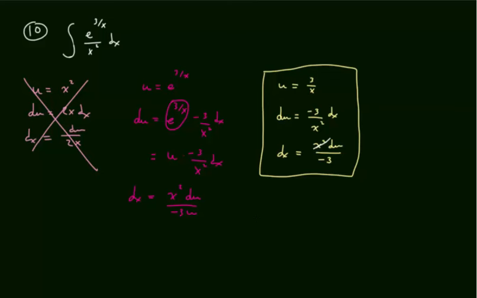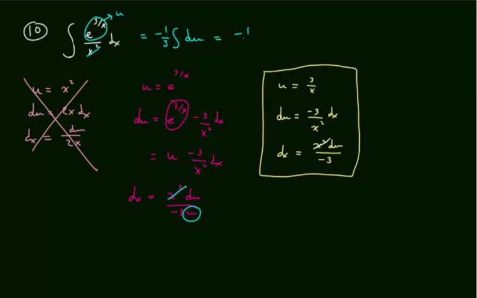Wow, what cancels out here? Well, I see that the x squared cancels out with the x squared. This will become u, but then I have u in the denominator, so that cancels out to be 1. So I am left with the integral of, pull out a negative 1/3, and I'm left with good old du.